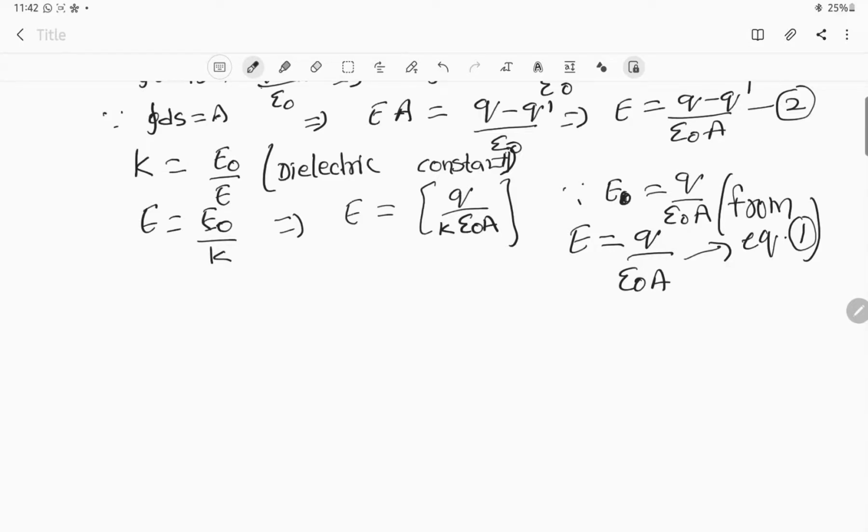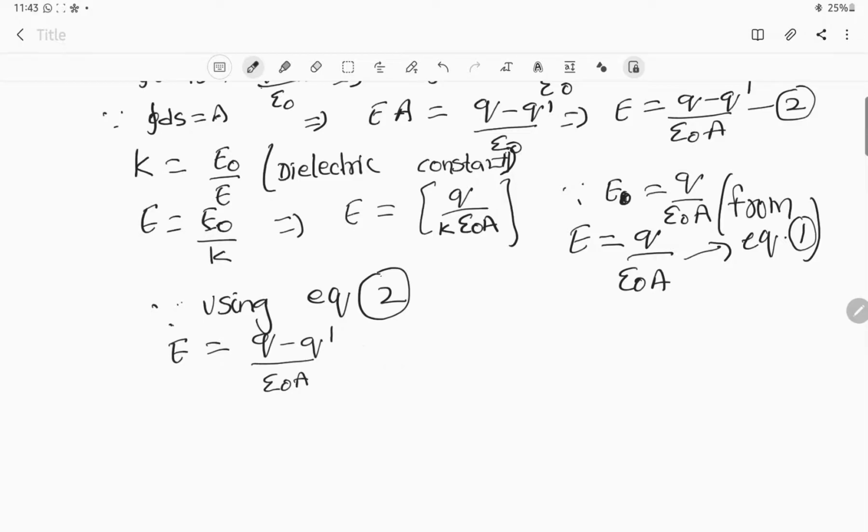Now I am writing E is equal to, using equation 2. What is equation 2? E is equal to Q minus Q dash by epsilon naught A. So what is E here?